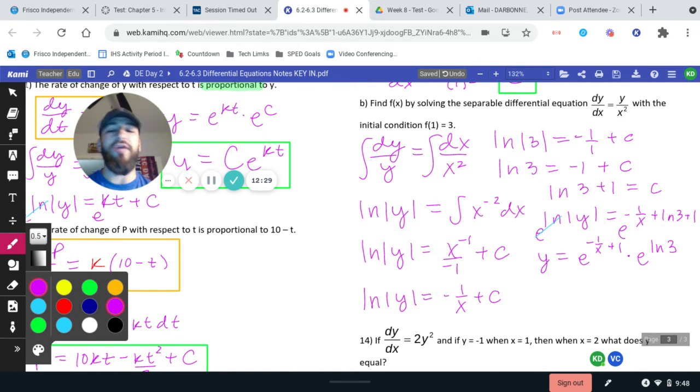E to the natural log of 3, that's really e to the c, which is really our big C. So then we would get e to the natural log of 3. E and natural log are going to cancel out. And we get y is equal to 3 e to the negative 1 over x plus 1. And there you go.